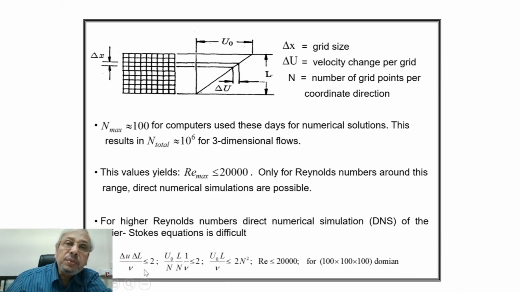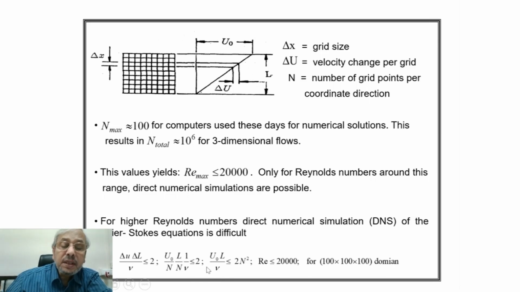We know the stable computational requirement should be less than or equal to 2. So delta u we can say is u0 by n, and delta l or delta x is basically L by n, multiplied by 1 by nu, viscosity, less than or equal to 2.